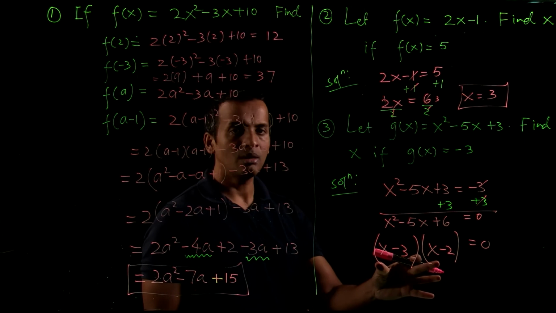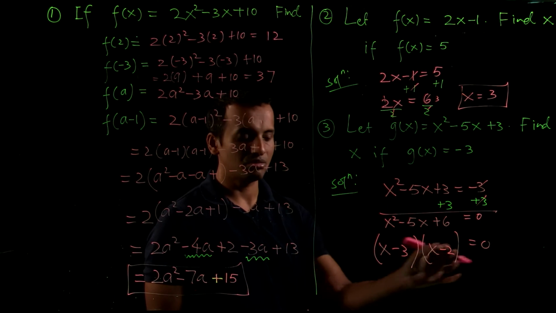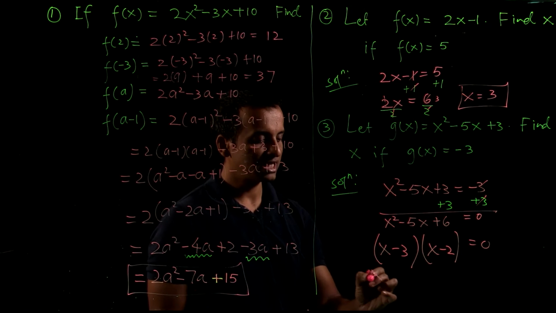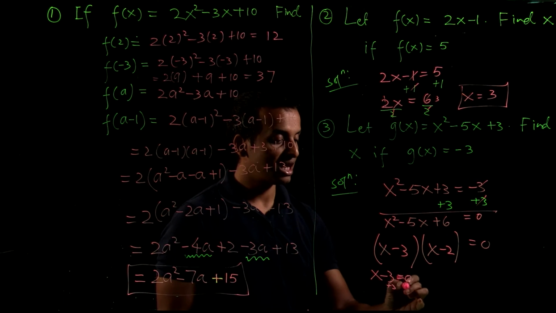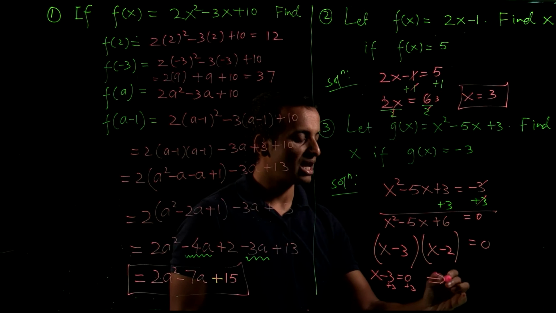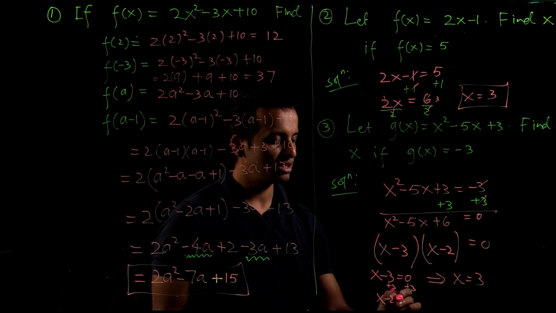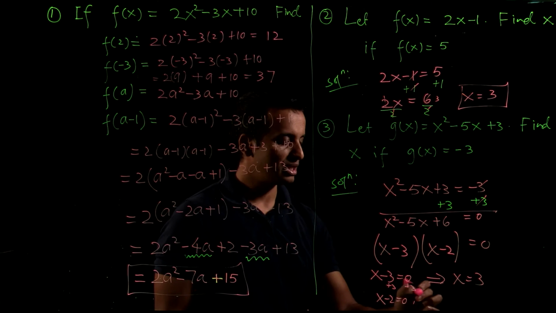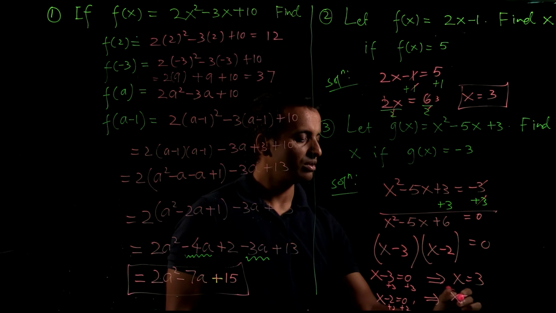Alright, now to solve this equation, you set each of those equal to 0. If x minus 3 equals 0, you add 3 on both sides, this implies x equals 3. Similarly, if x minus 2 equals 0, then you add 2 on both sides, so you get x equals 2.